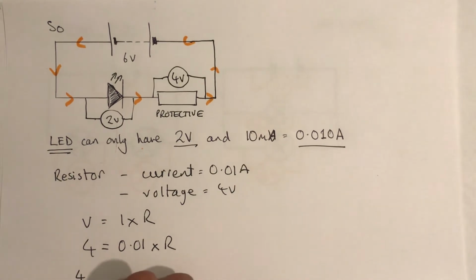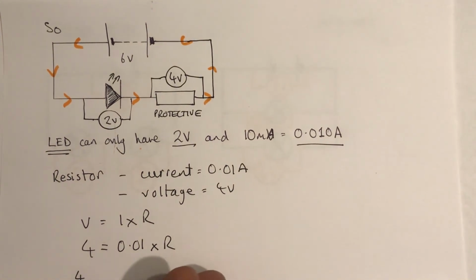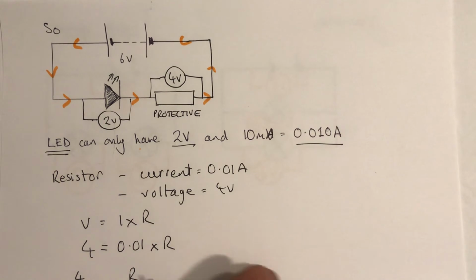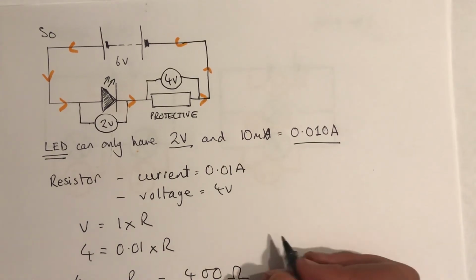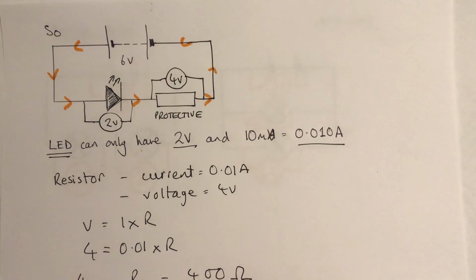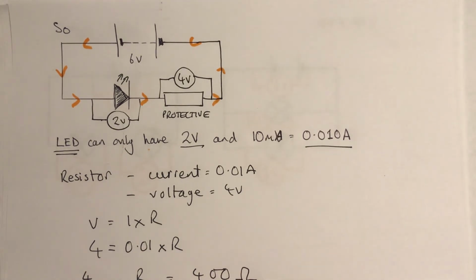So if I do 4 divided by 0.01, I get my resistance. And of course, 4 divided by 0.01 is 400. So I now know, which I didn't know at the start, that to protect this LED, I need a 400 ohm resistor. Now, that's pretty much all you need to do about LEDs.